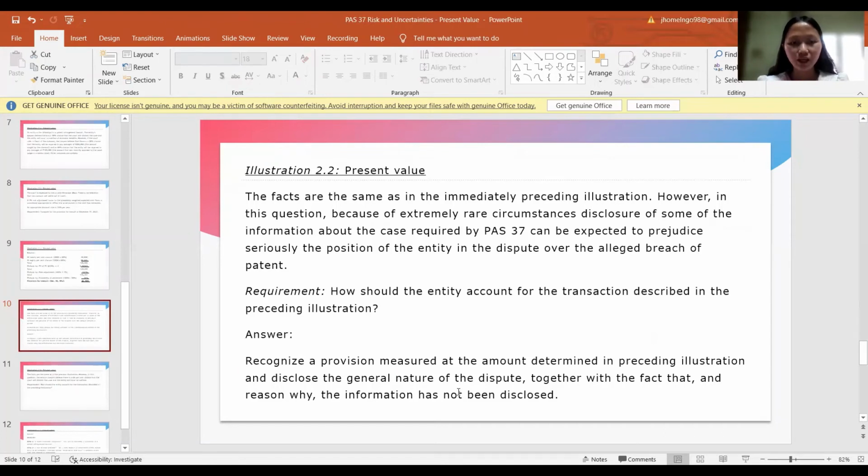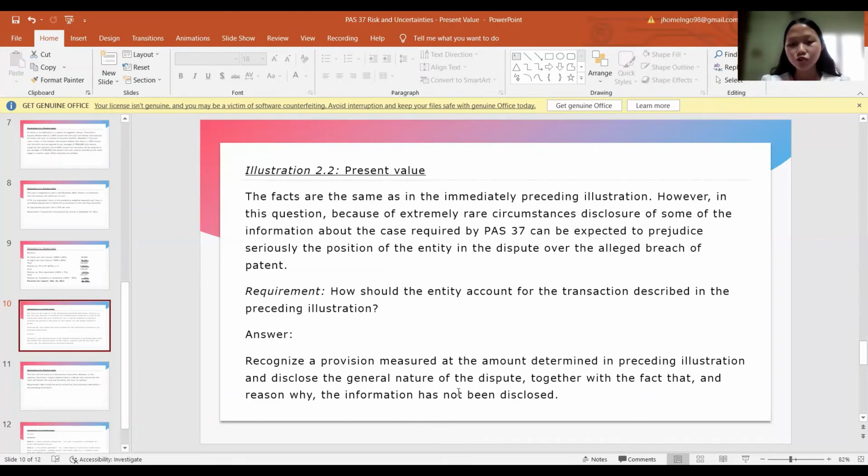Next, illustration 2.2, present value. The facts are the same as in the immediate preceding illustration. However, in this question, because of extremely rare circumstances, disclosure of some of the information about the case required by Clause 37 can be expected to prejudice seriously the position of the entity in the dispute over the alleged breach of patent.